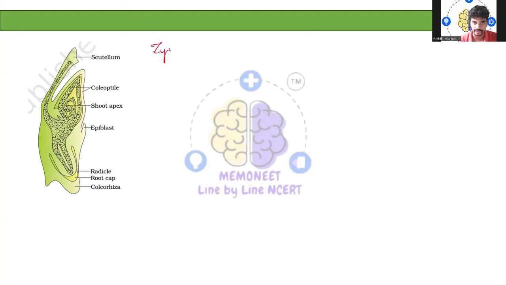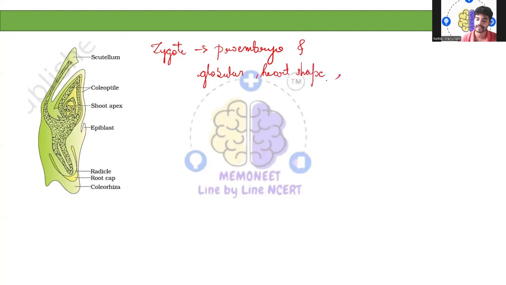The zygote will give rise to the proembryo and subsequently to the globular and heart shape. Can you see this? It is somewhat globular, somewhat heart shaped, and then a matured embryo you will be seeing.